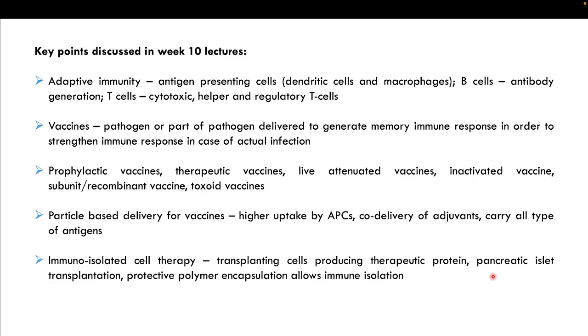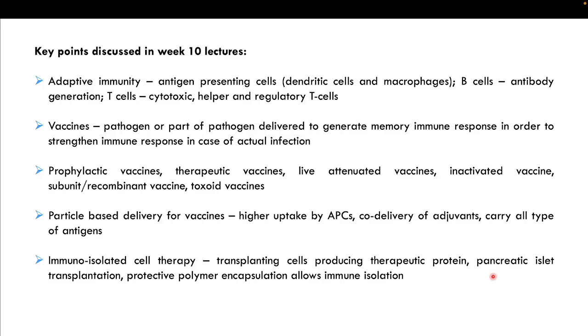So what you can do is take the beta cells of the patient, encapsulate them in a polymer membrane, and then deliver this implant in the patient's body. The membrane that you have selected is going to be selective to only a few molecules. It will allow nutrients to come in. It will allow the insulin that is produced by the beta cells in the encapsulation to go out and perform its activity.